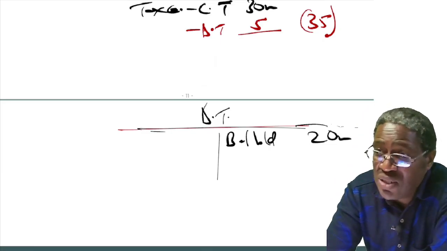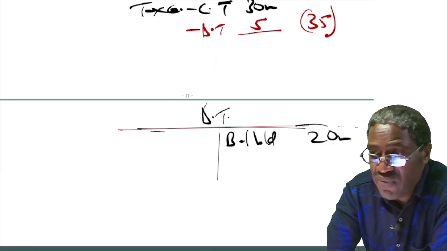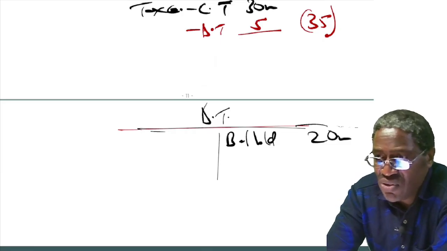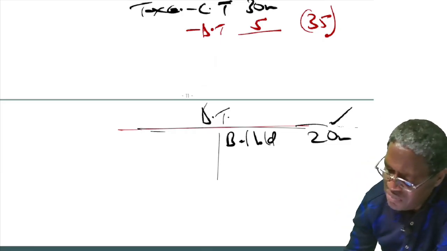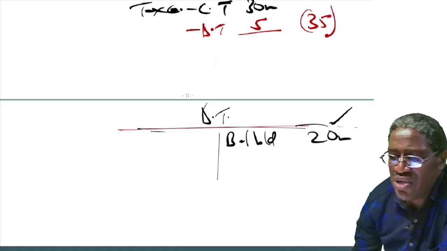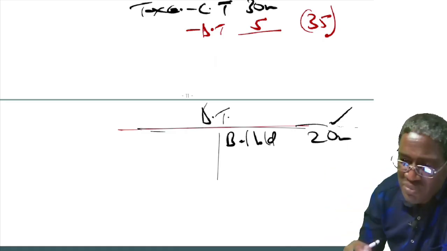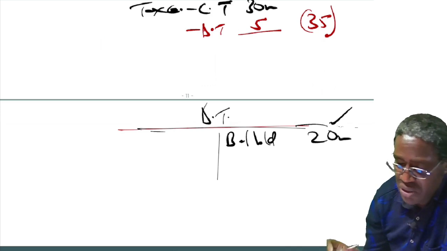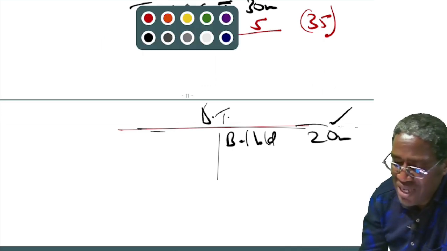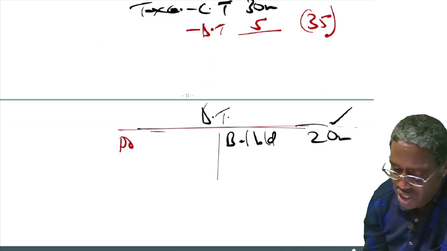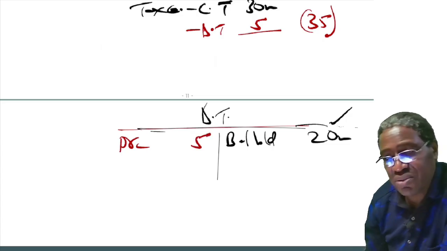So already deferred tax being a credit balance, and the examiner is now telling you to transfer from the deferred tax 5 million, you will automatically debit deferred tax, and credit your P&L account 5 million.